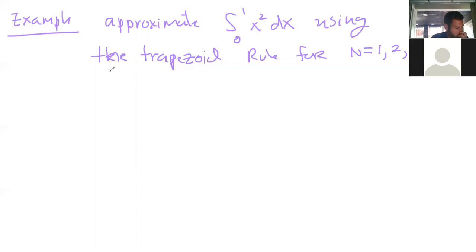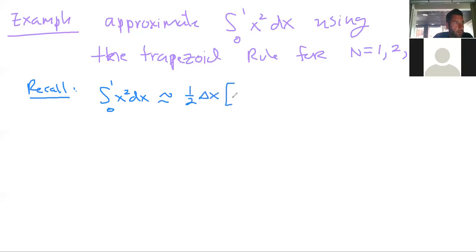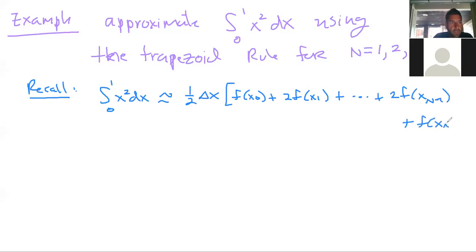The integral by the trapezoid rule is 1/2 delta x times f evaluated at x sub 0 plus 2 times f of x sub 1, and so on. It's an ugly formula, but it has symmetry, and we like that.